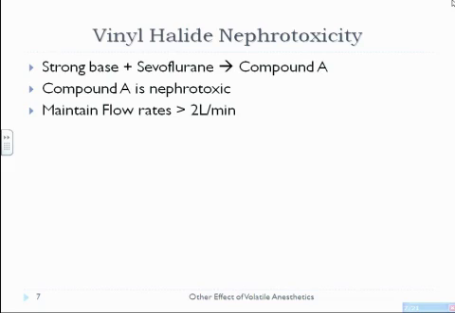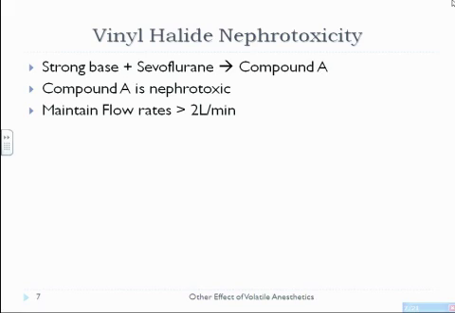The strong base inside the CO2 absorber is there to make the CO2 absorption take place more rapidly. So if you don't have adequate hydration in your CO2 absorber, the strong base becomes more potent, and consequently breaks down a compound such as sevoflurane very rapidly into what's called compound A.